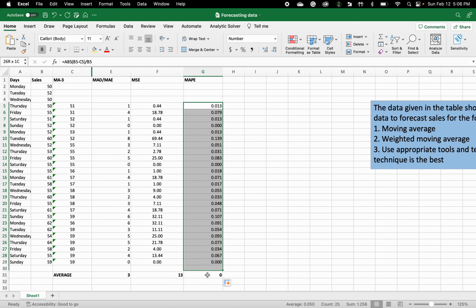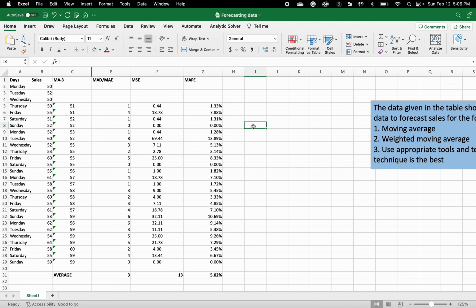And one more thing that I can do is convert it into percentage, because you see here MAPE, and P stands for percentage, that means absolute percentage error. So I will convert it into percentage, and so here we go. So this is called mean absolute percentage error.